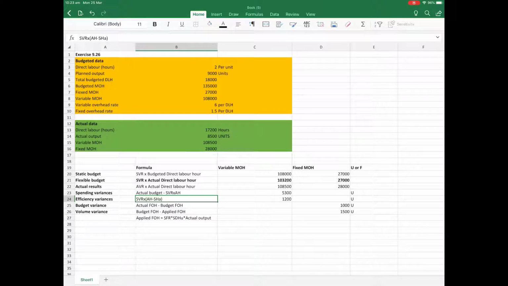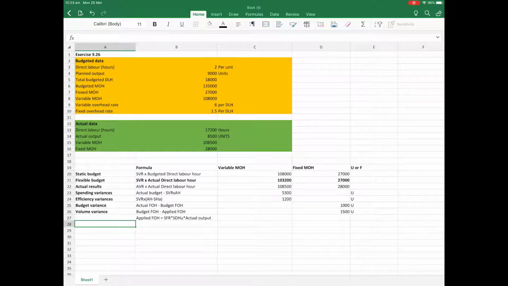They always used the budgeted output level. So I have to emphasize this bit, so you try not to make the same mistake. The second thing is, because this semester I will give you the Excel format in the exam, I want you to work out the best layout of the question.